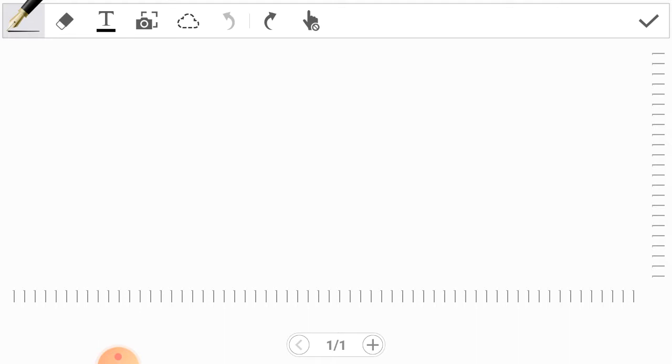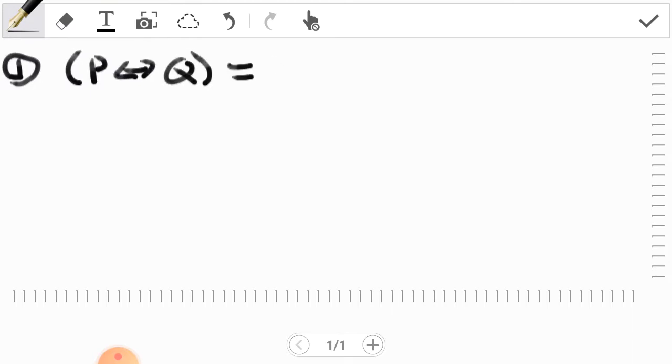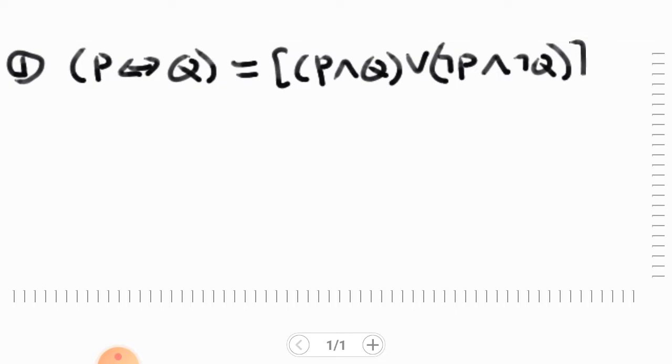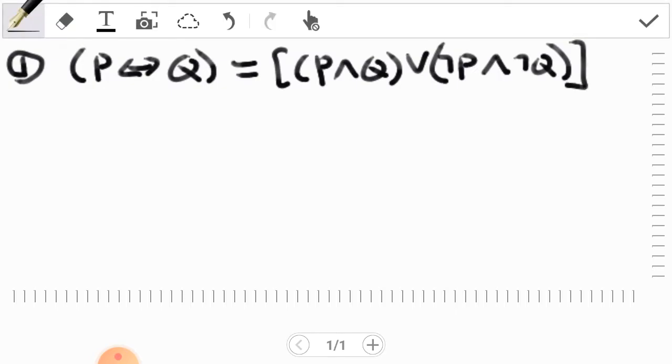In example number 1, we are instructed to show that P, if and only if Q is equivalent to P and Q, or not P and not Q. In your module, this example was proven using the truth table.